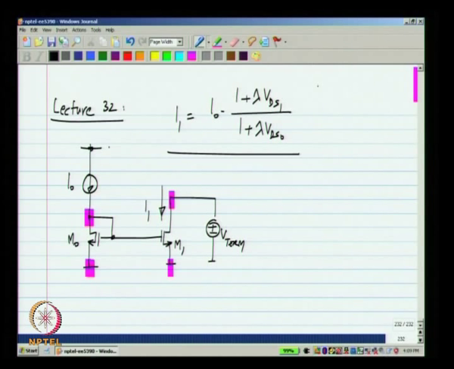And also you see that this VDS1 is nothing but V term. So, as the terminating voltage changes, the current here changes as well. Now, this is undesirable.